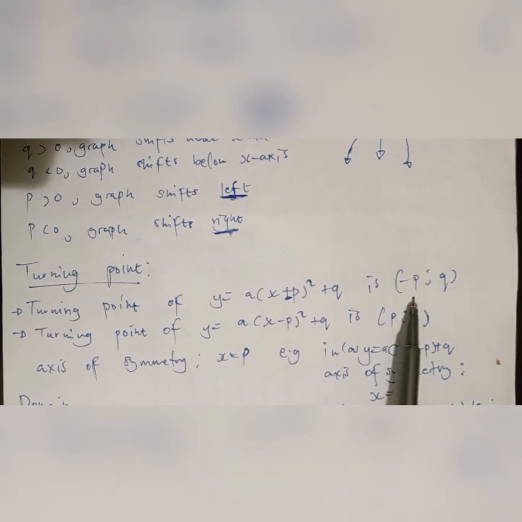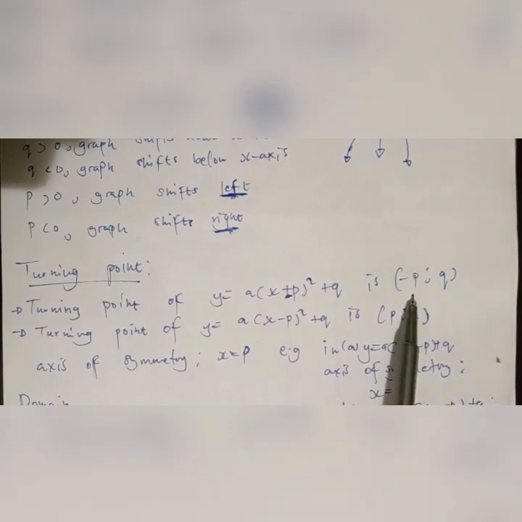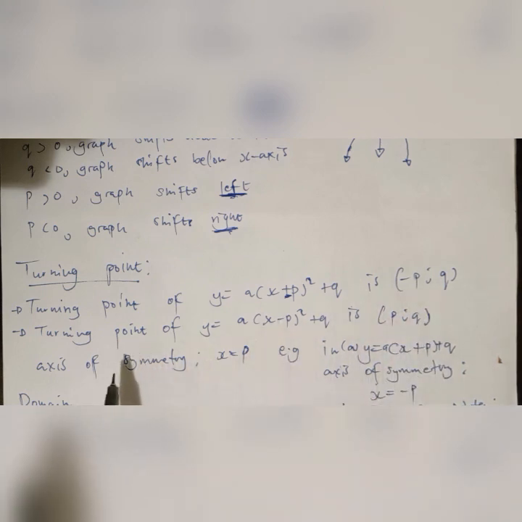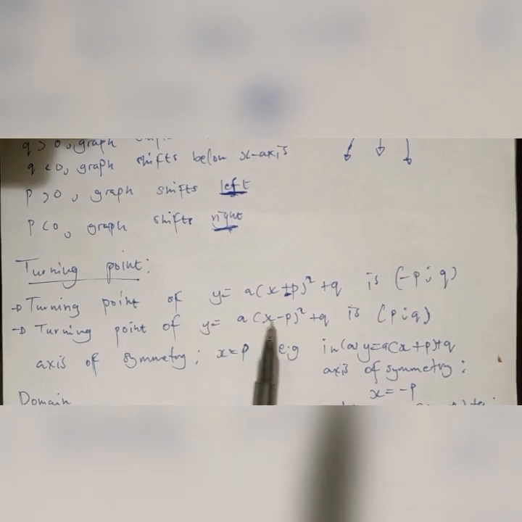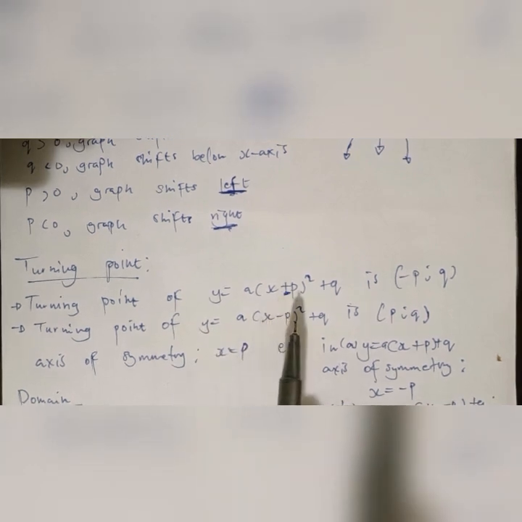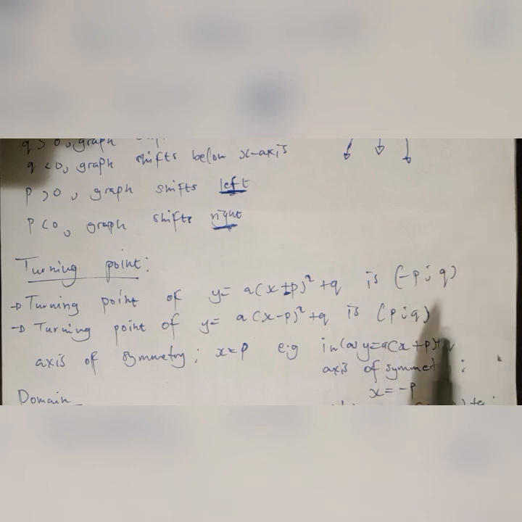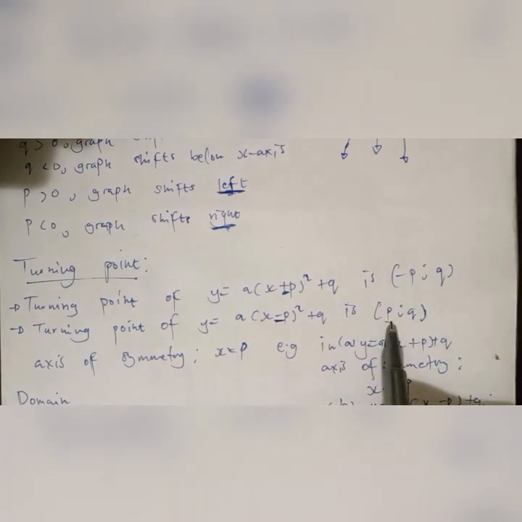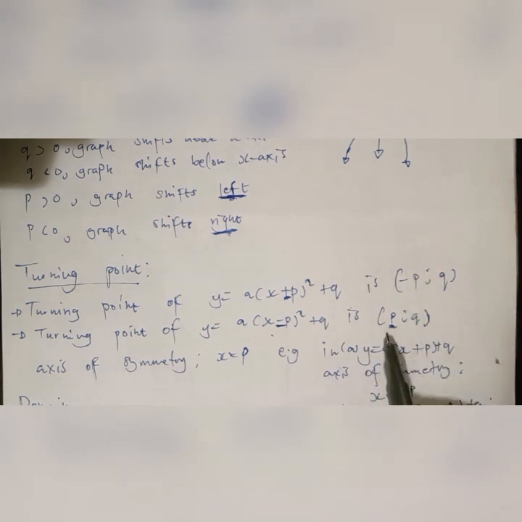And by the way, p is the axis of symmetry. Okay, but we'll get there soon. And then here's another illustration. Turning point of y is equal to a(x minus p) squared plus q is (p, q). Okay, so again, this sign, see, it's negative here, and then on the graph it's positive. On the equation it's negative, on the graph it's positive.